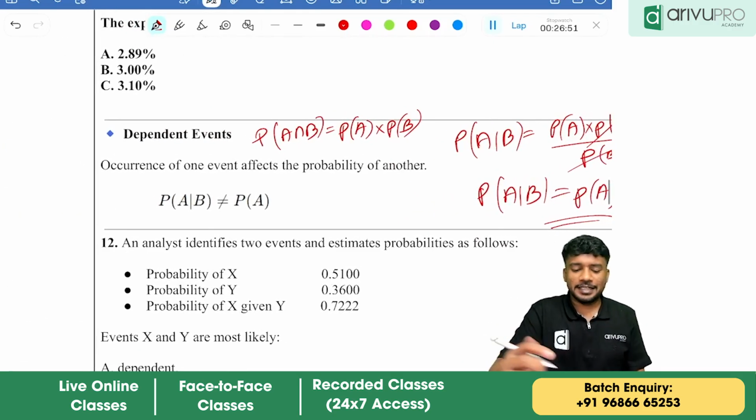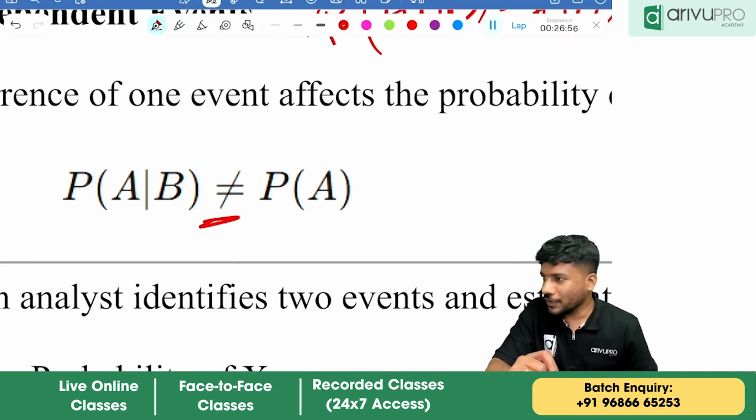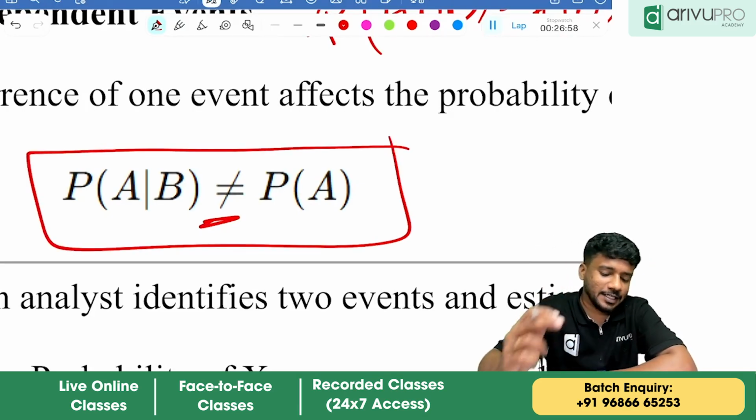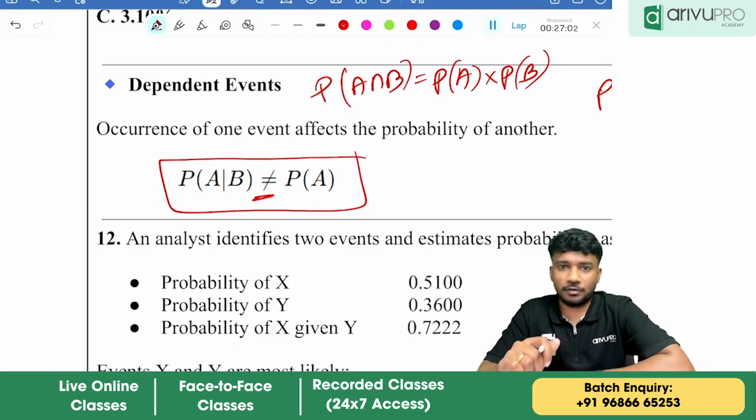Now, in a dependent event, P of A given B will not be equal to P of A. Make a note of it.